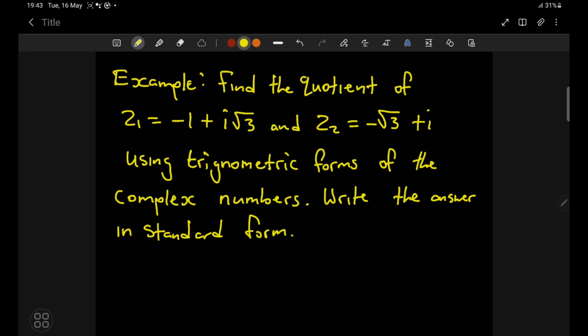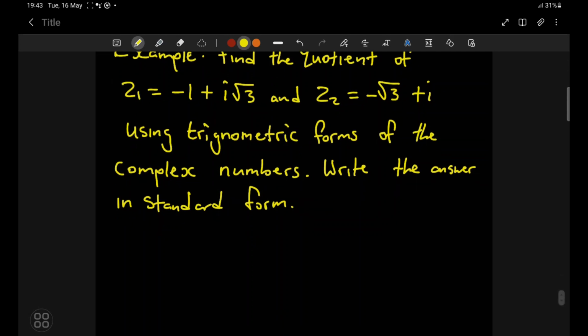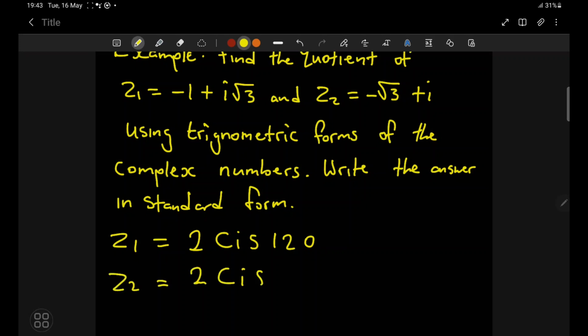We need to use trigonometric forms, and then we write the answer in standard form. Since these are the same values, we just do the same thing. For Z1, we found the complex value to be 2 cis of 120. Then for Z2, it was 2 cis of 150.